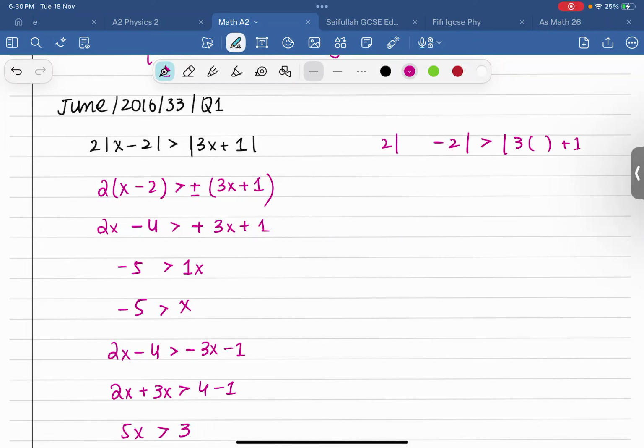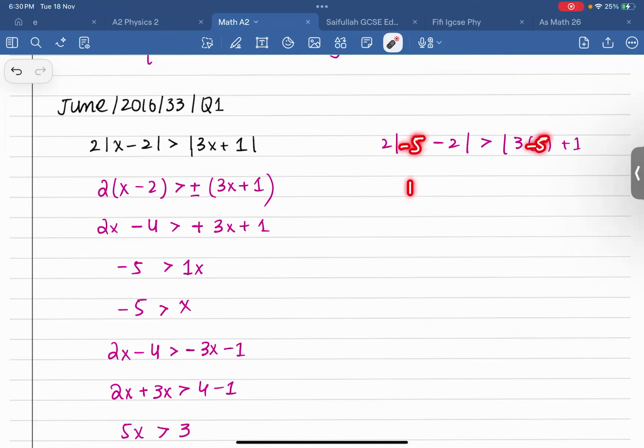If you put negative 5, that becomes negative 7, and 7 and 14 is greater than 3 times 5, 15, and 14? So this is not making sense. You have to put either a smaller value or a larger value, because the critical values won't make sense anyway.